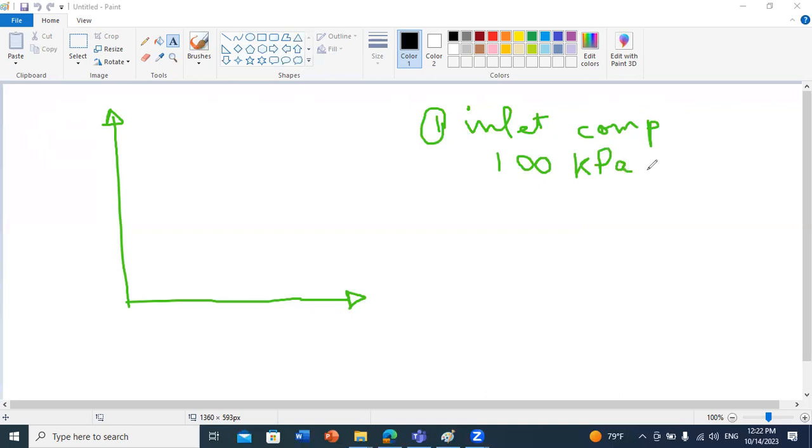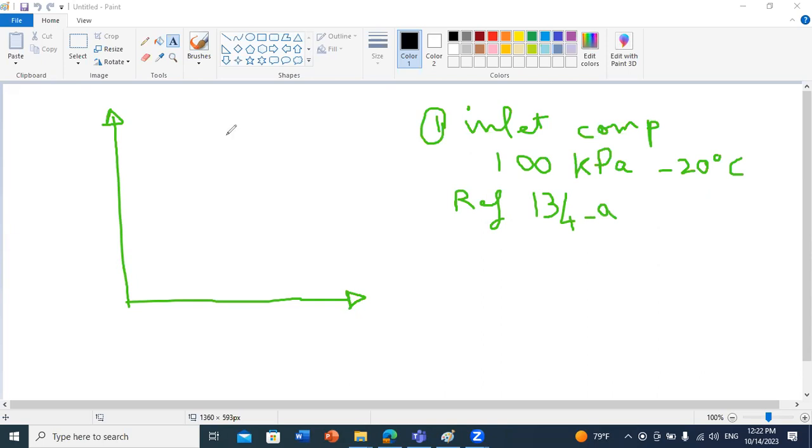Let us say we don't know this state. We can check from the tables. Of course, I should tell you the type of refrigerant. Let us say here we are using refrigerant 134a. In any book of thermodynamics, you can get the tables at the end.